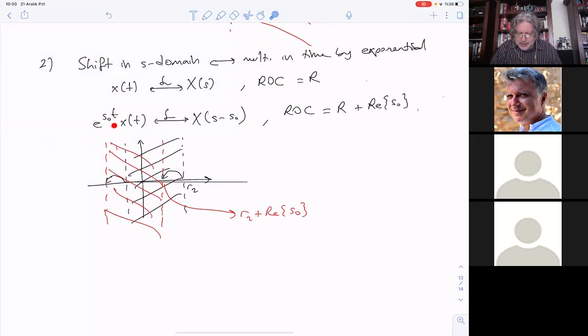So if you multiply anything with e to the j omega 0 t, then the region of convergence actually does not change because the real part of S0 is 0. So if you oscillate, modulate, in other words, your signal, then the region of convergence related to the corresponding Laplace transform does not really change.